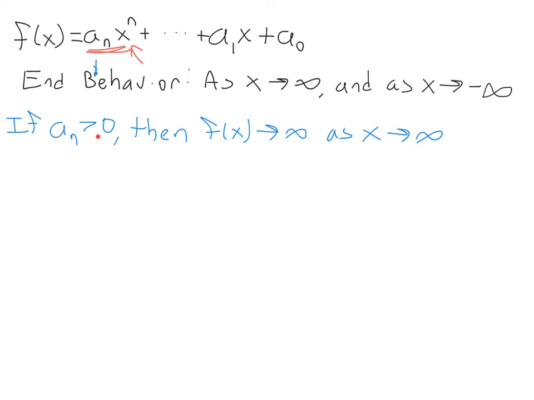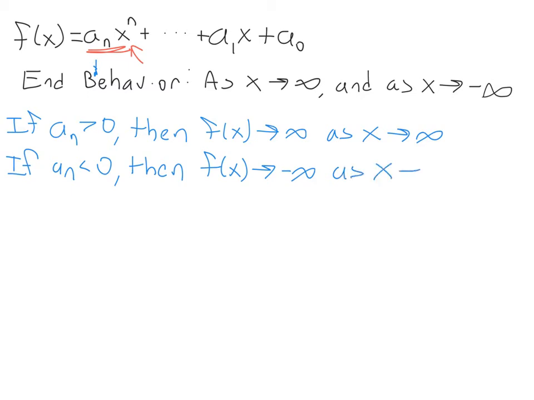So if the leading coefficient is positive, then the function is going to go off to positive infinity as x goes to positive infinity. And contrary to that, the converse of that is if the leading coefficient is negative, then the function f of x is going to go to negative infinity as x goes to positive infinity, for the same sort of logic.